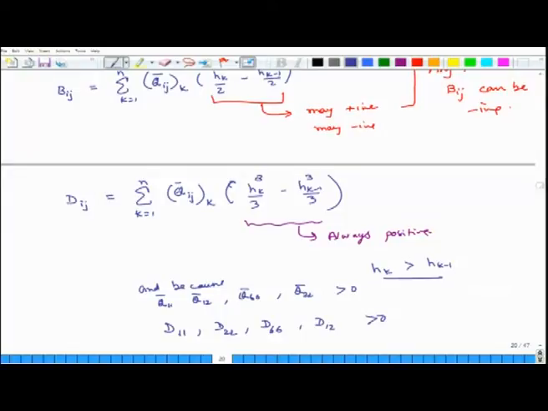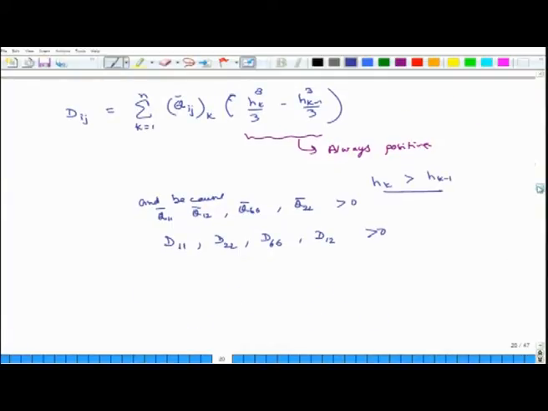D16 and D26 can be negative, because depending on the value of theta, I can have negative values for those terms also. So, the point is that these terms are always positive.